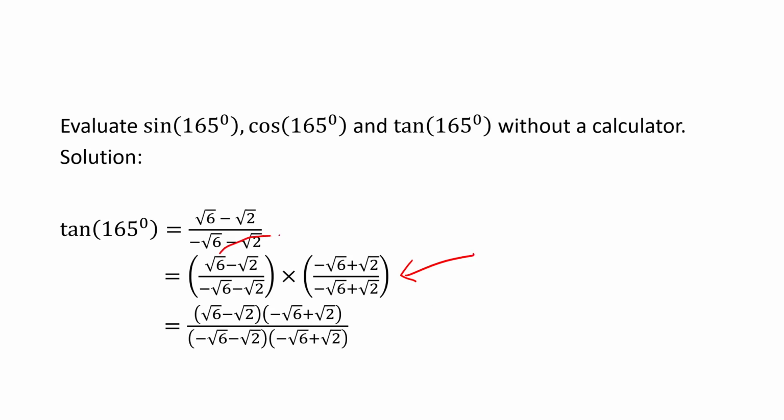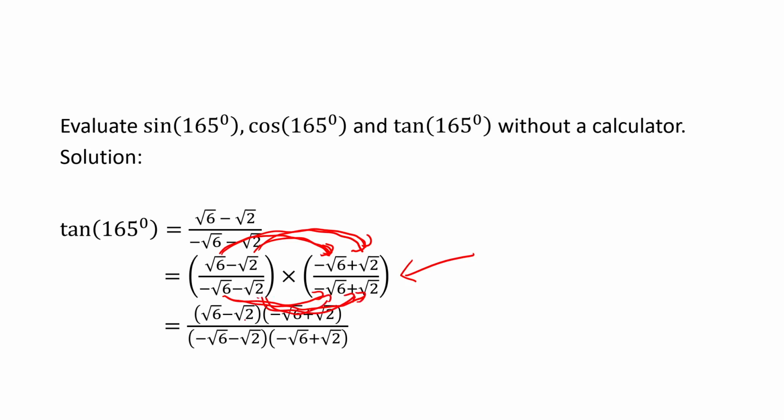And now we're just going to distribute: root 6 times negative root 6, root 6 times root 2, negative root 2 times negative root 6, and negative root 2 times root 2. Similarly, we're going to distribute in the denominator as well. Okay, distributing all those terms.